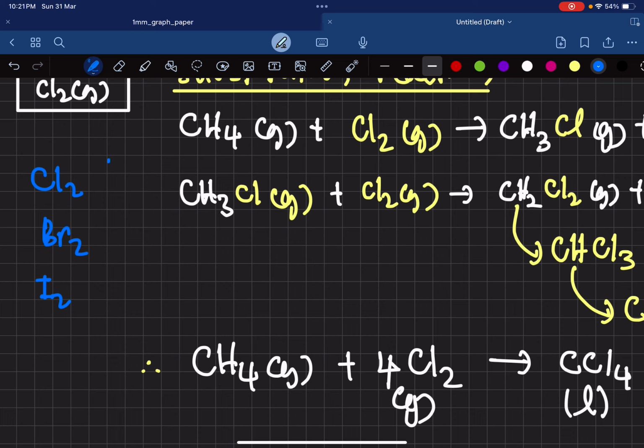The intensity of the reaction becomes lower as you go down. Intensity of reaction means how fast the reaction happens or how intense the reaction happens. It decreases when we're going down the group. So chlorine is the fastest.